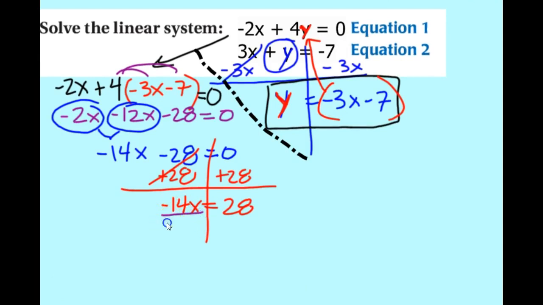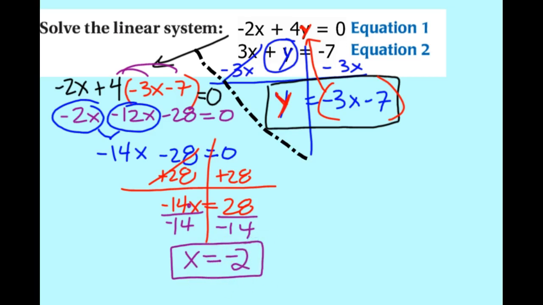And then divide by a negative 14, because it's multiplied, we need to divide. I think we did one like this earlier. 14 goes into 28 2 times, but it's negative. And in our answer, that is the letter x, negative 2.